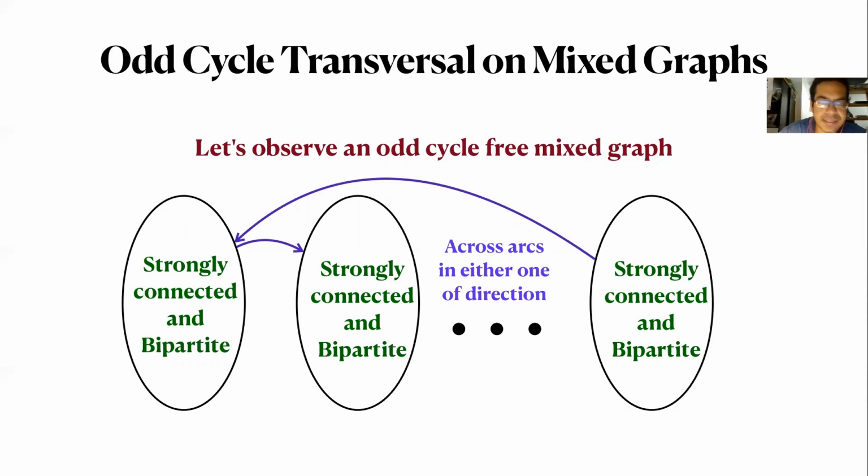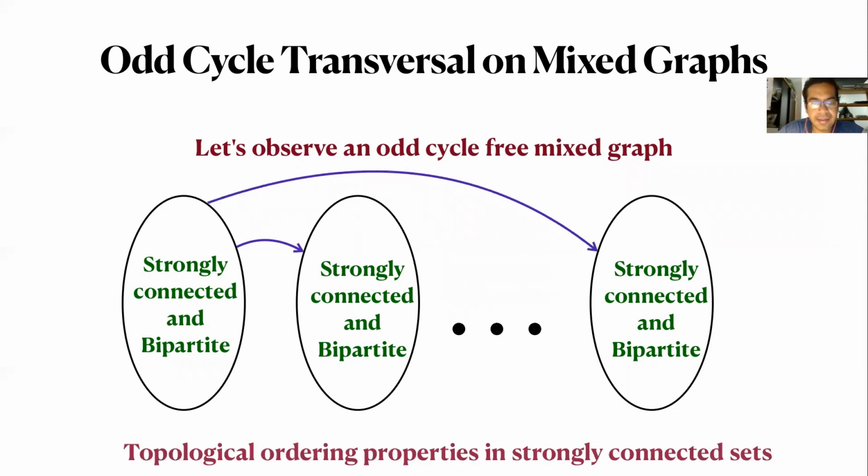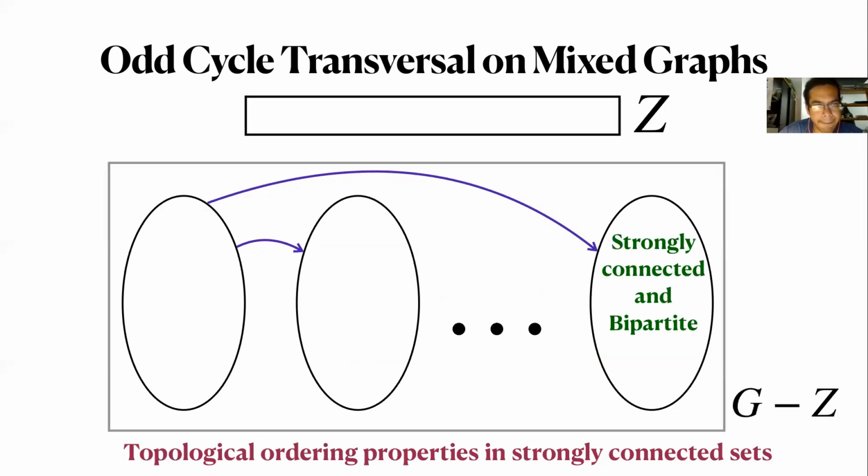And the reduction is very simple. You take an edge and replace it with a forward and a backward arc, and then use the same argument that you use for directed graphs. And then you can have a topological ordering, as it is a DAG of strongly connected components. So you can assume that it has a topological ordering.